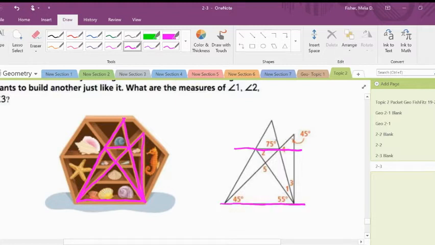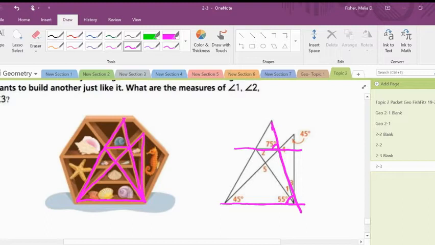And those two parallel lines are being cut by this transversal. And because of the corresponding angles theorem, that means that this angle and this whole angle right there are going to be congruent.